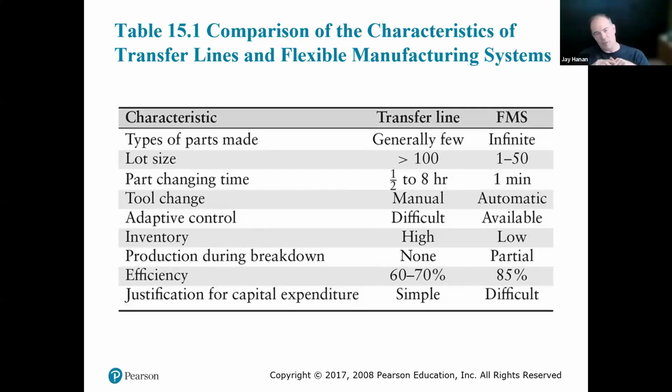That gets into just in time, which I think is one of the next slides. Production during breakdown. With the flexible system, you can still make parts. You've got one of your drill presses down or something. Your efficiency, though, will never be as high in the flexible system. Now, why is that 60 to 70? I disagree with that. We'll need to look into the text on that one. And justification for capital expenditure is a little bit more difficult with the flexible system.